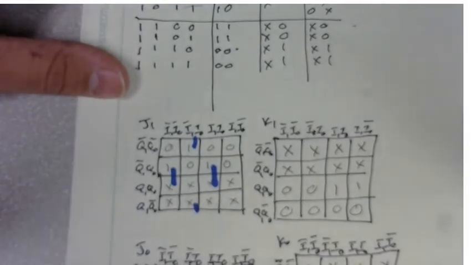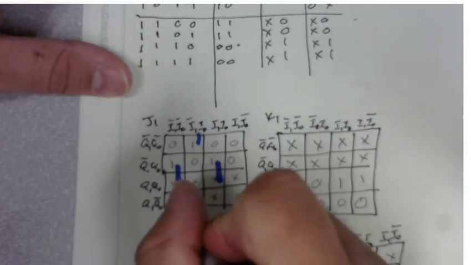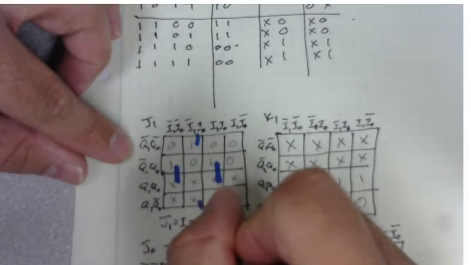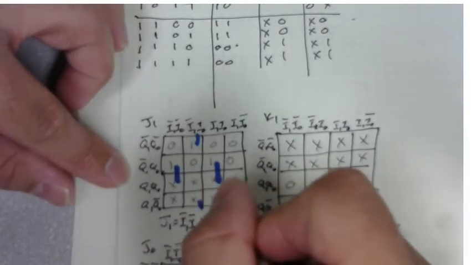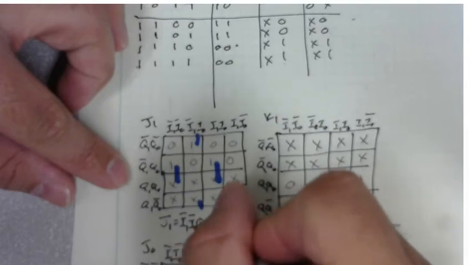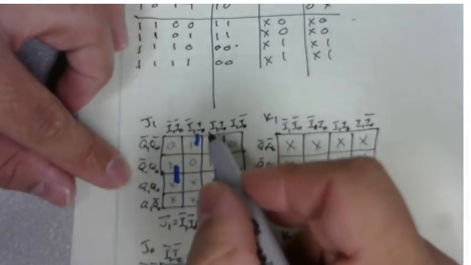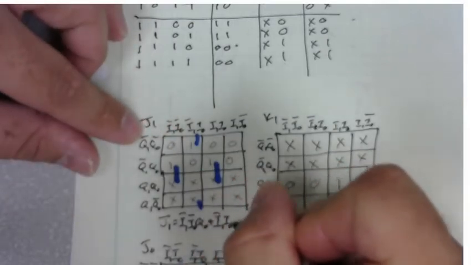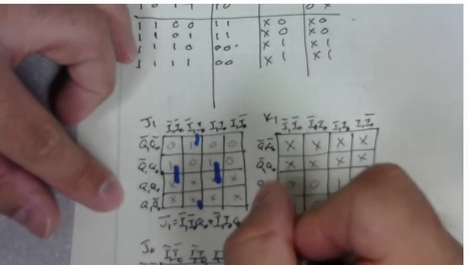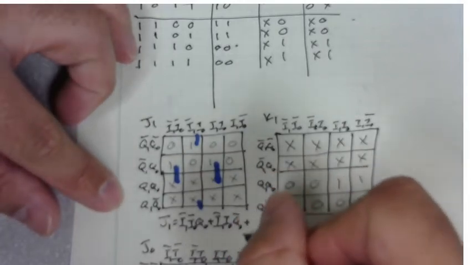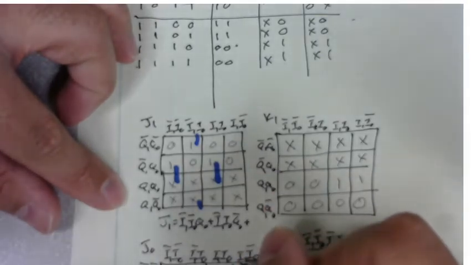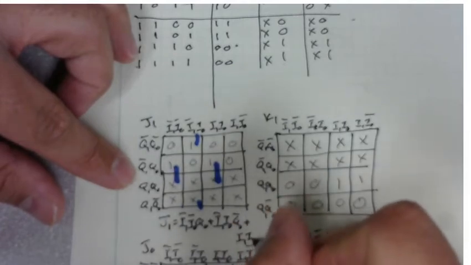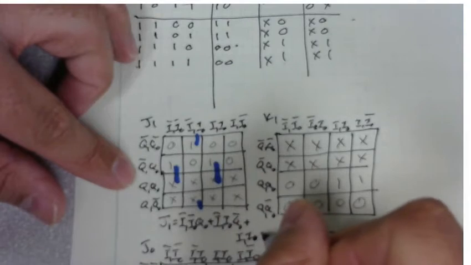And so the equation for J1 is going to be I1 I0 not with Q0, or I1 not I0 with Q0 not, or I1 I0 Q0.